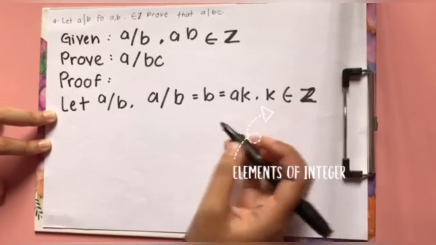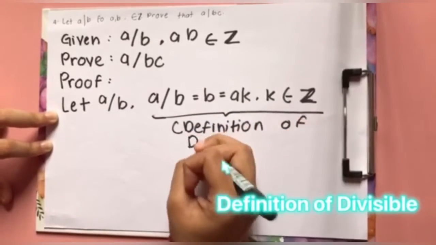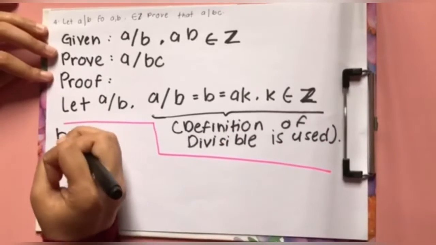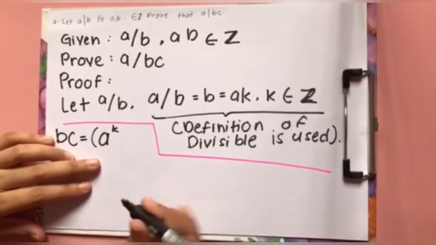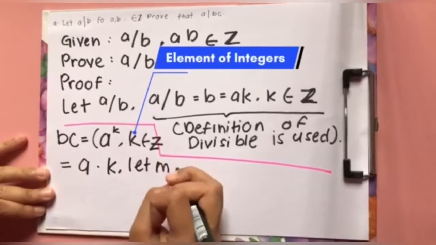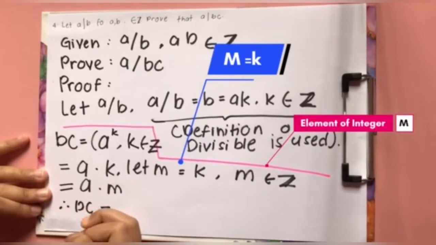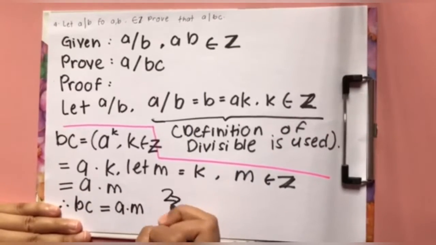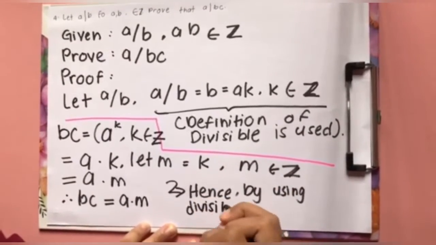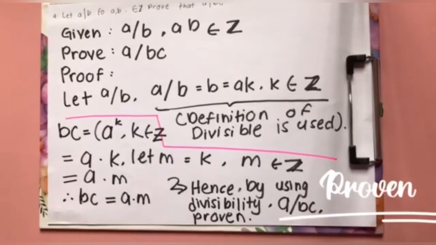So, we can say that the definition of divisible is used. bc is equal to a times k c, where k is an element of integers. So, let m equal to kc, and m is one of the elements of integers. The final answer is bc equal to a times m. Hence, by using divisibility, a divides bc is proven.